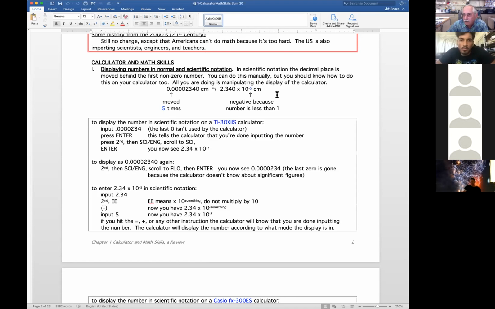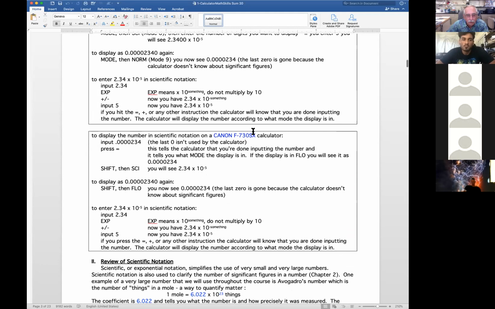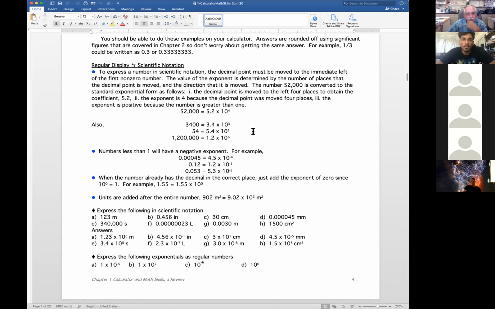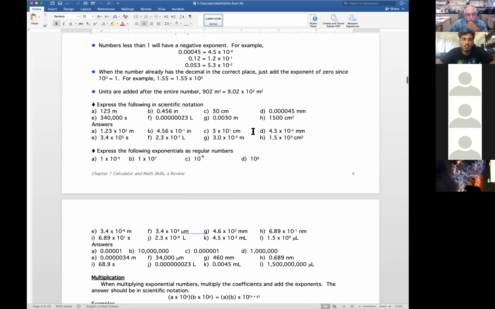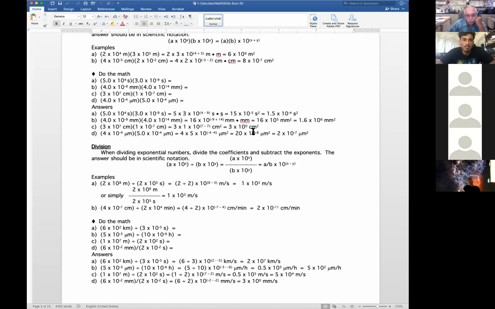There's not a real calculation, if you know what I mean. So, scientific notation and your calculator. That's really knowing how to do mathematical manipulations in scientific notation on your calculator.